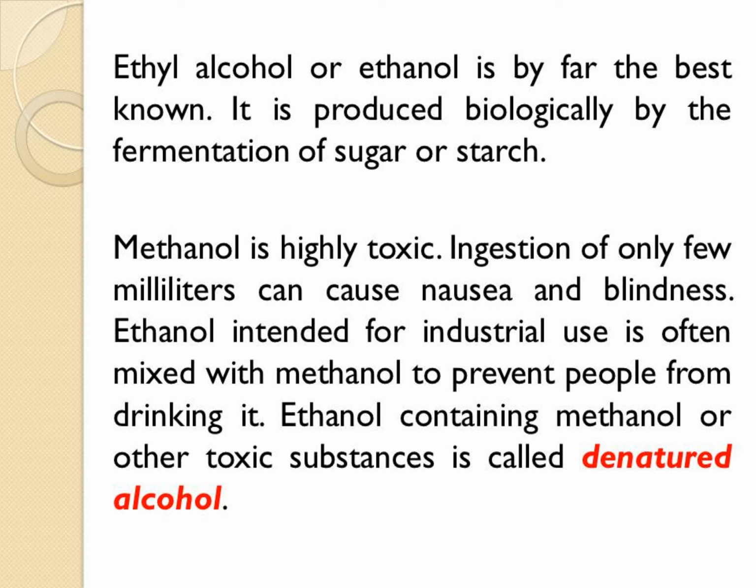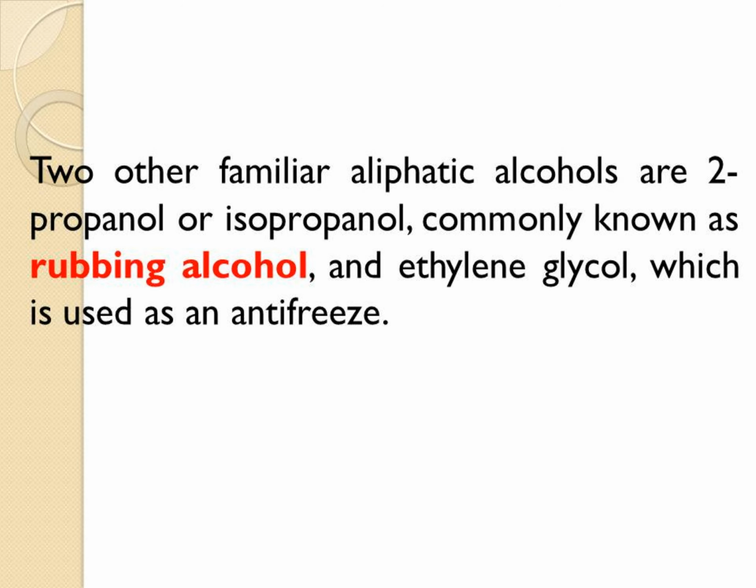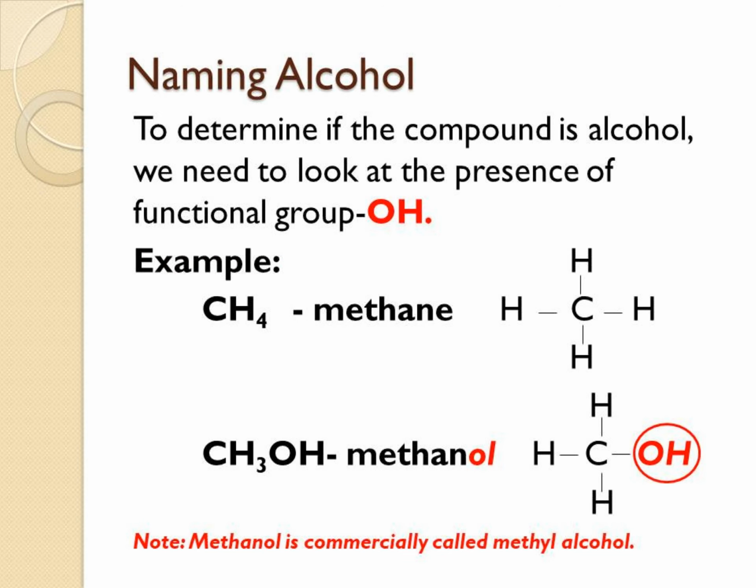Ethanol containing methanol or other toxic substances is called denatured alcohol. Two other familiar aliphatic alcohols are propanol or isopropanol, commonly known as rubbing alcohol, and ethylene glycol, which is used as an anti-freeze.